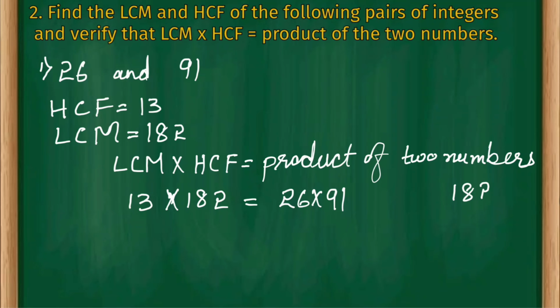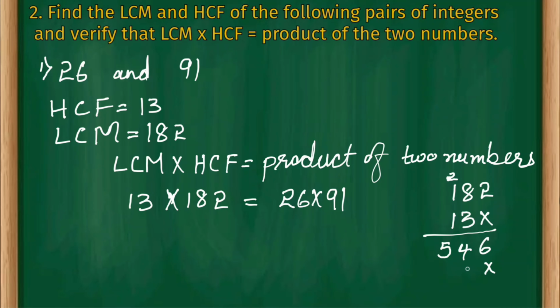So first let us multiply 182 into 13, that is LCM into HCF. By multiplying 3 with 2, we get 3 2s are 6. Then 3 8s are 24. So 4 will be written, 2 will be carried to the next number. 3 1s are 3. With 2 it becomes 5.